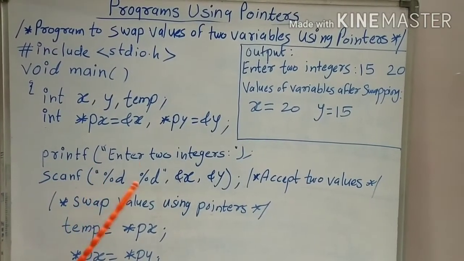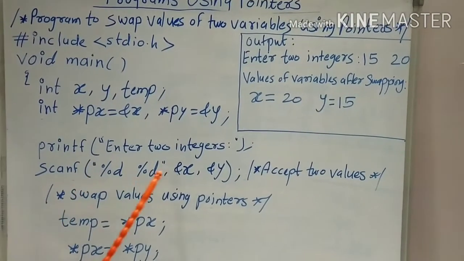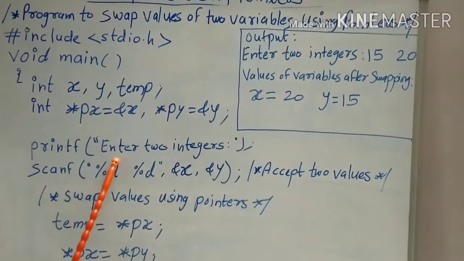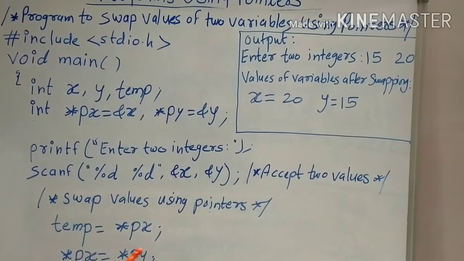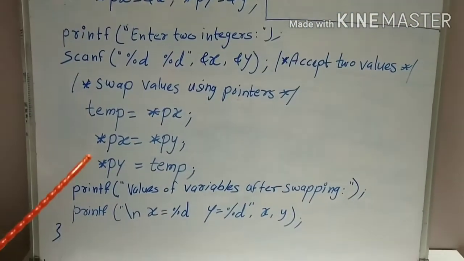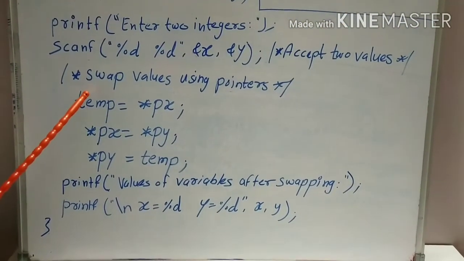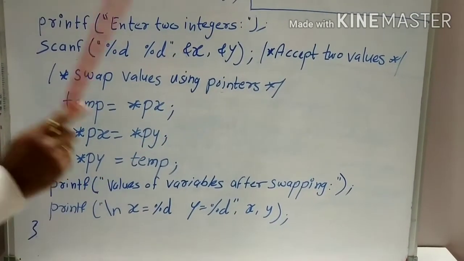Let us accept the values of x and y first using the scanf function. So here I have accepted the values of two integers, x and y, as usual. Then the further three statements are important, that is we are swapping the values of these two variables using pointers.